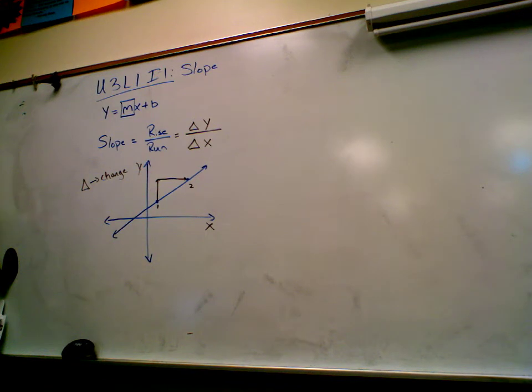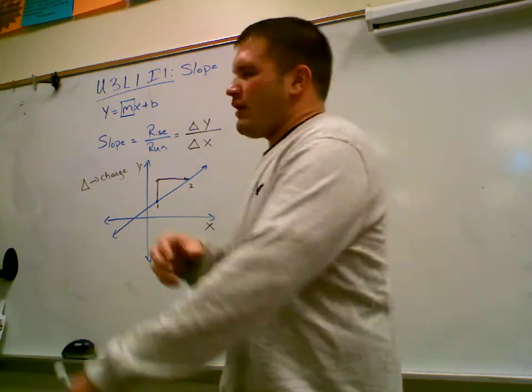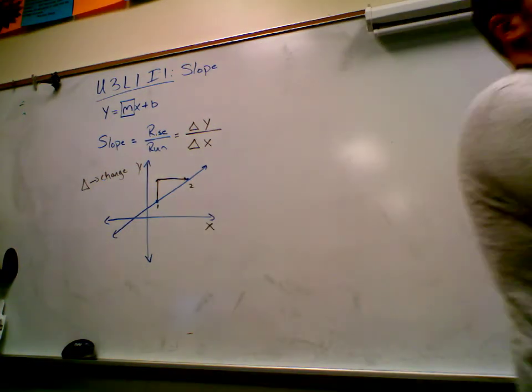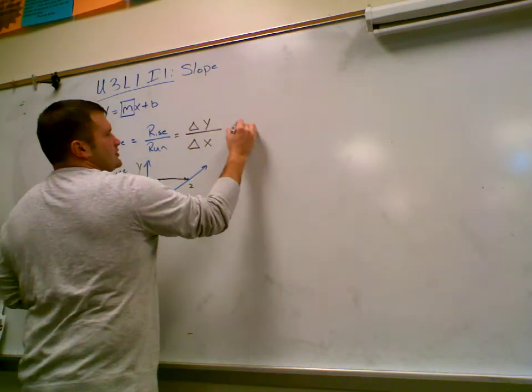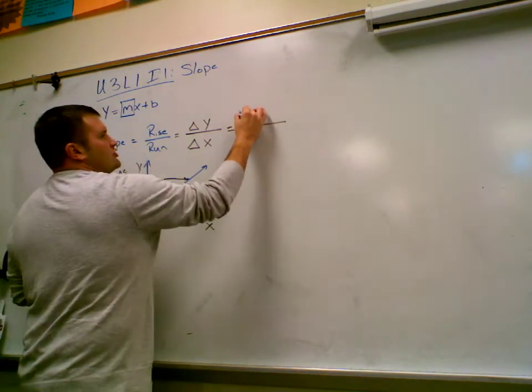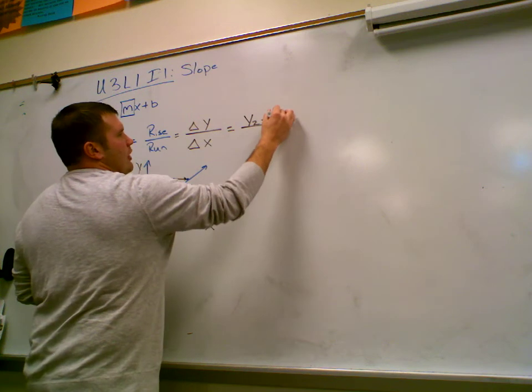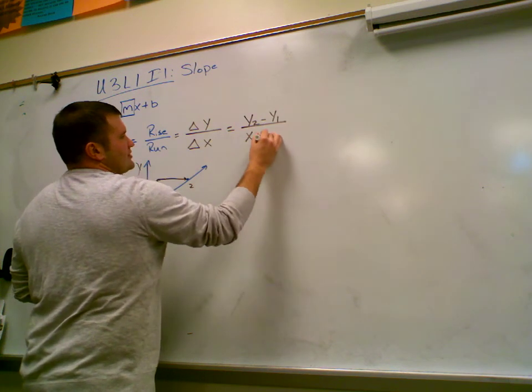How do you find 3? Subtract 10 minus 7. So if I want to find my change in y, I subtract the y values. If I want to find my change in x, I subtract the x values. So we have y2 minus y1 over x2 minus x1.